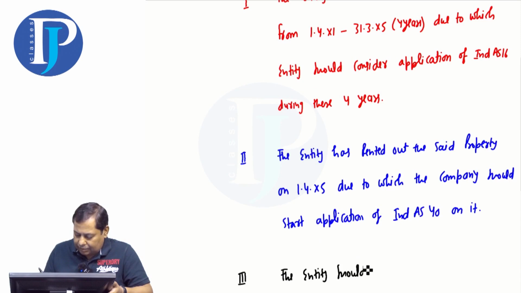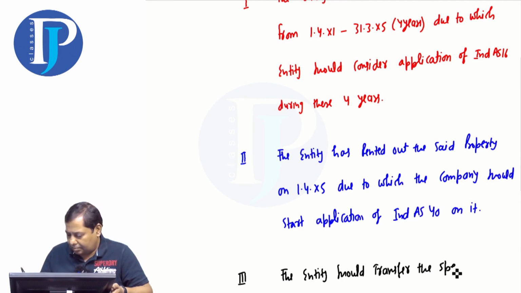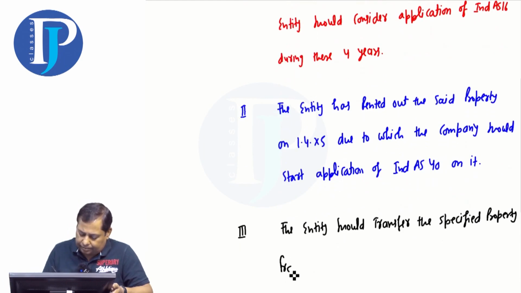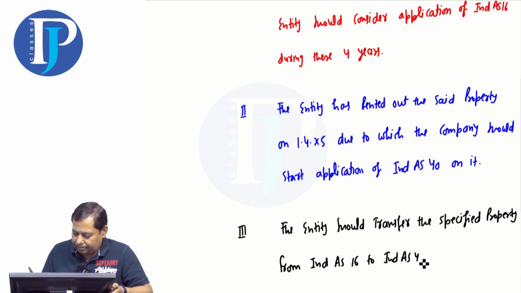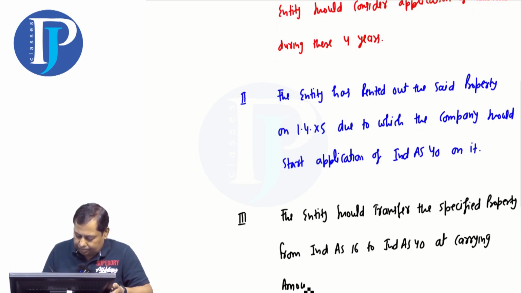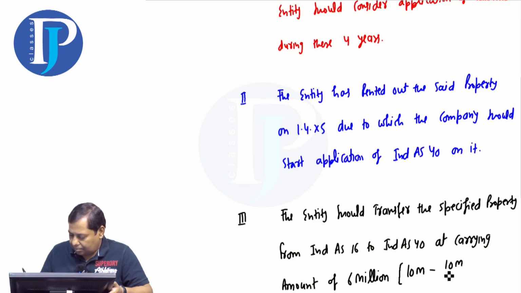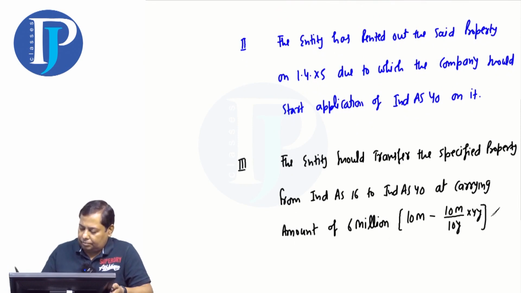The entity should transfer this specified property from Ind AS 16 to Ind AS 40 at carrying amount, on April 1st, X5.